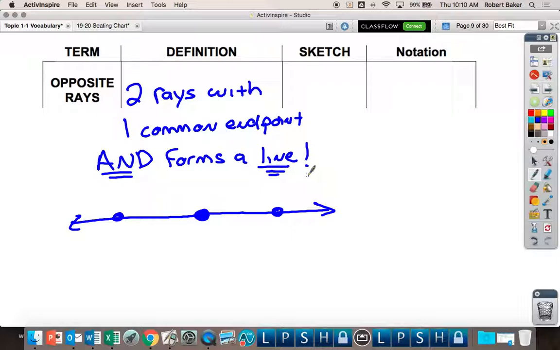That is the most important part of the entire definition. Yesterday we talked about what two rays are. We talked about what an endpoint was. We talked about what a line was. So it's mashing all those things together.